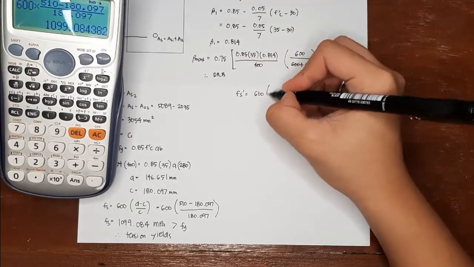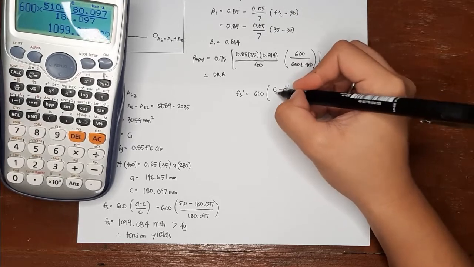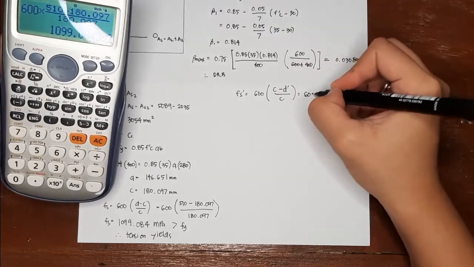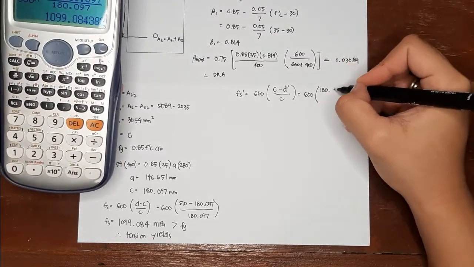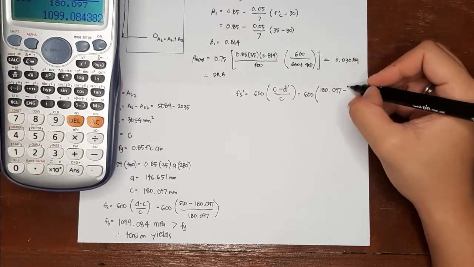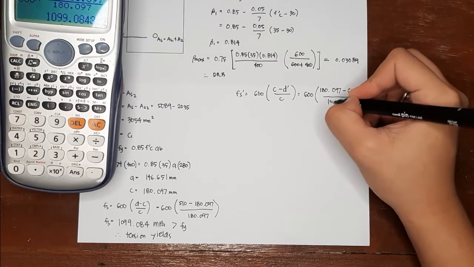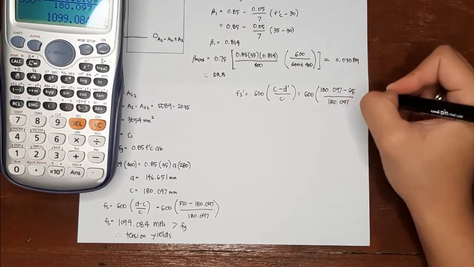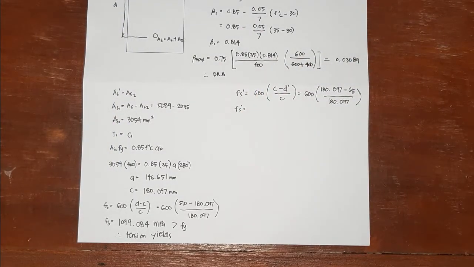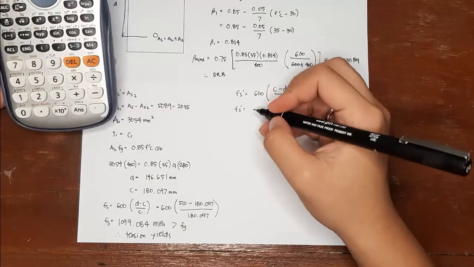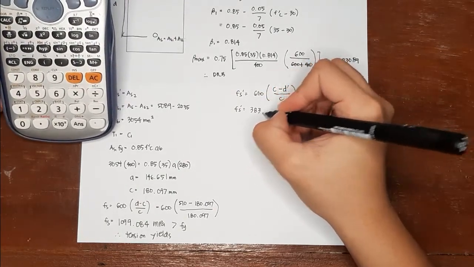Okay, next let us solve for your Fs prime. That is 600 multiplied by your C minus your D prime over your C. This is equal to 600 times 180.097 minus the D prime of 65 over 180.097. Your Fs prime is 383.45.